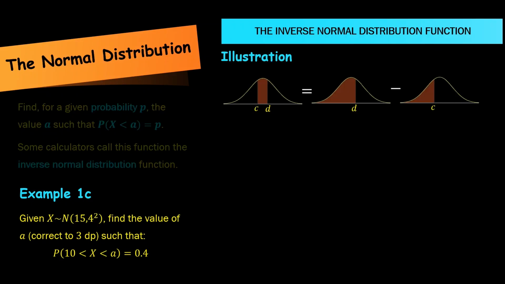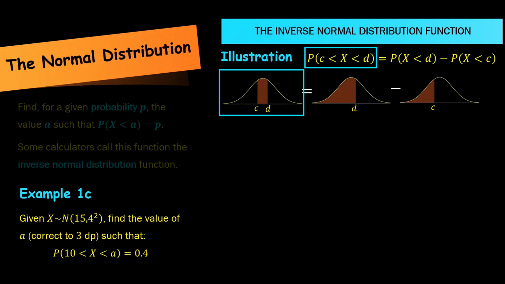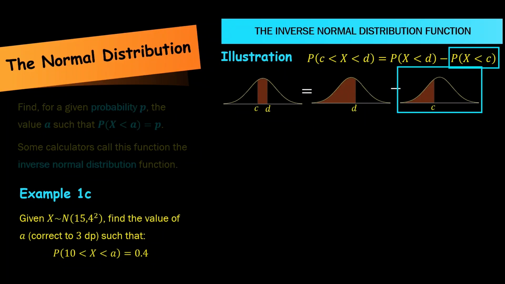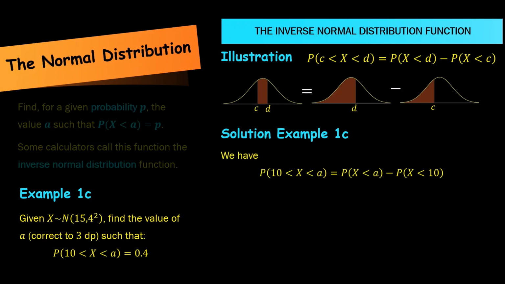So let's take a look at this in pictures. The probability that x is between C and D is this diagram. This is equal to the probability that x is less than D minus the probability that x is less than C. Let's now connect these diagrams to our example.